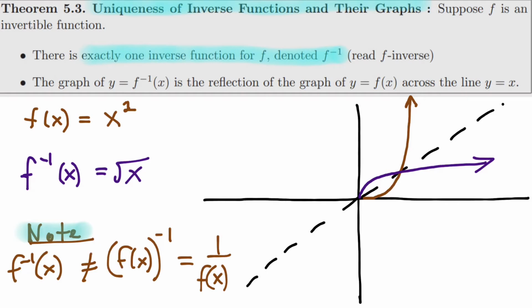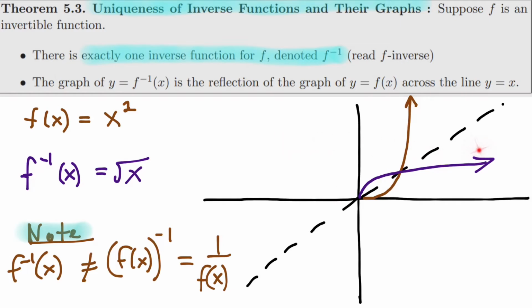Now let's look at this graph that I've drawn here. Now I have the function here, f of x is equal to x squared, and in order for that to be a one-to-one function, I can only have this restricted domain over here, or I could have this restricted domain over here. But if I graphed the entire parabola, it would not pass the horizontal line test.